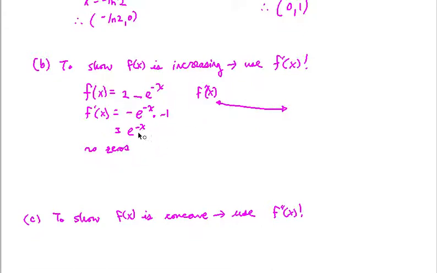So all I need to do is test this one interval, and I can pick any number. Let's pick 0 because that's a nice one. If I put f prime of 0 in, then I end up with a positive number because the base is positive, right? So this is going to be positive on the entire interval, for all x.